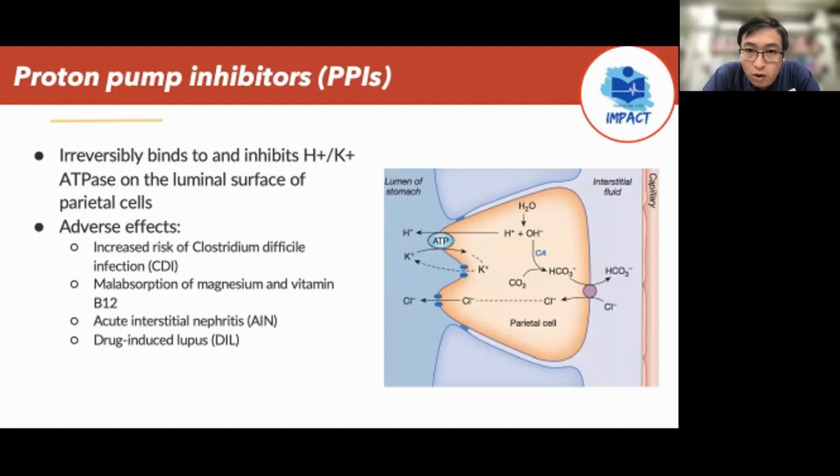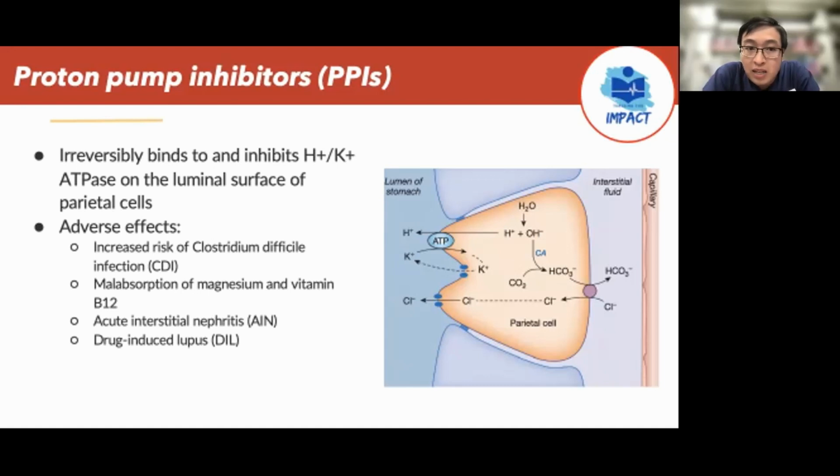So we usually worry about hypomagnesemia when we're planning to place patients on long-term PPI, which is arbitrarily defined as PPI for at least a year. If you're going to place patients on long-term PPI, you should routinely obtain a baseline magnesium level and serially monitor their magnesium levels at least every 6 months.